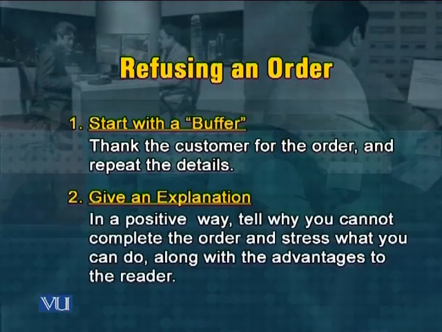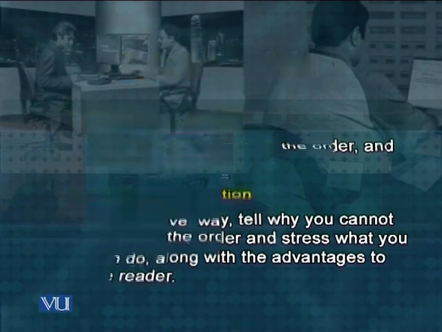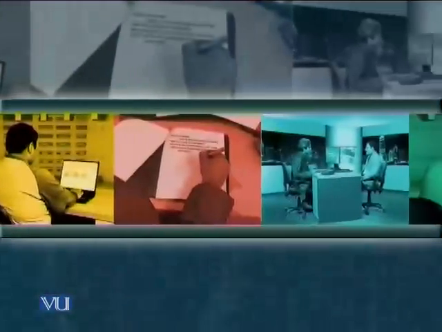In a positive way, tell why you cannot complete the order and stress what you can do along with the advantages to your reader. So here maybe you invite the customer to buy some other product or ask him to wait for the product, or here you have to satisfy the customer by giving any reason which is acceptable to him, which is acceptable to his sense of justice, etc.